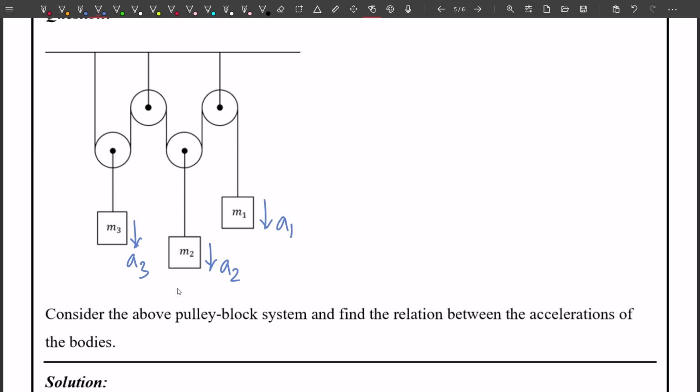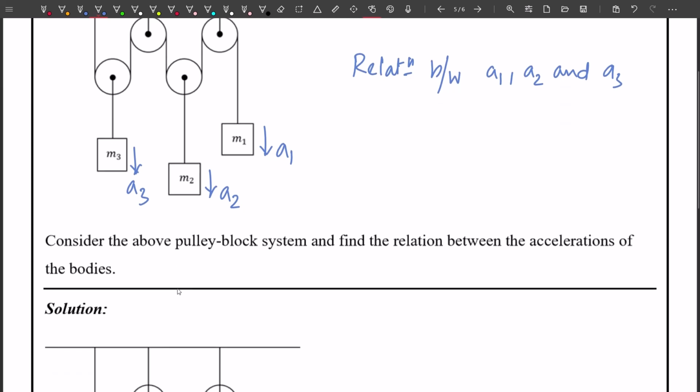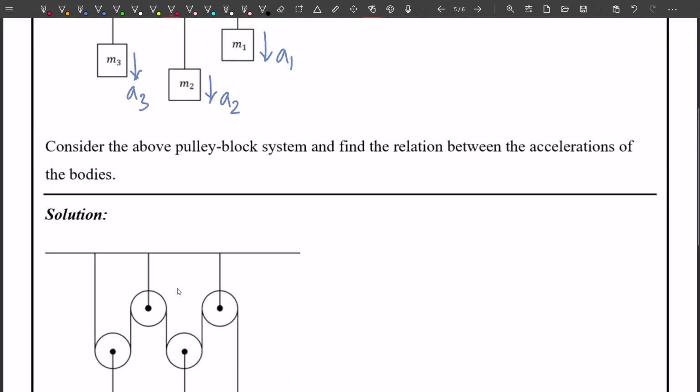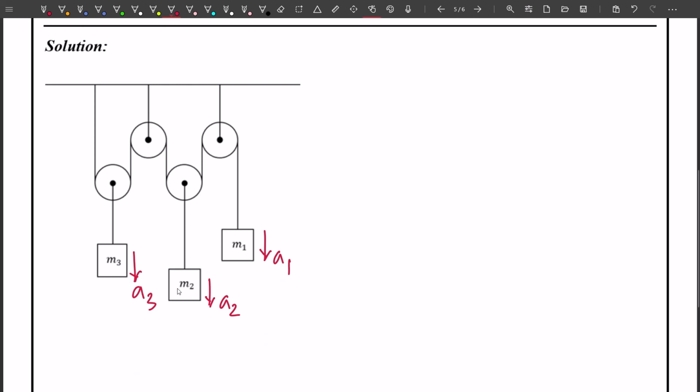Now we have to find the relation between a1, a2 and a3. Now we can assume the acceleration in any direction. I have assumed all of them in the downward direction.